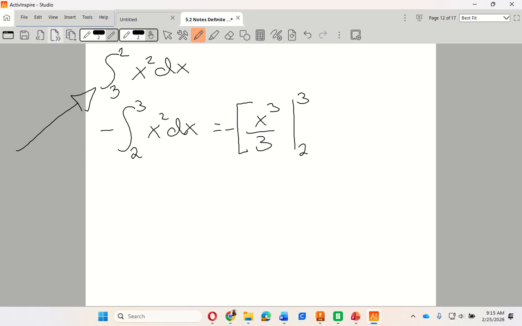So that's going to be a negative, and it's going to be 3 to the third over 3 minus my lower bound right here, which is going to be 2 to the third over 3.